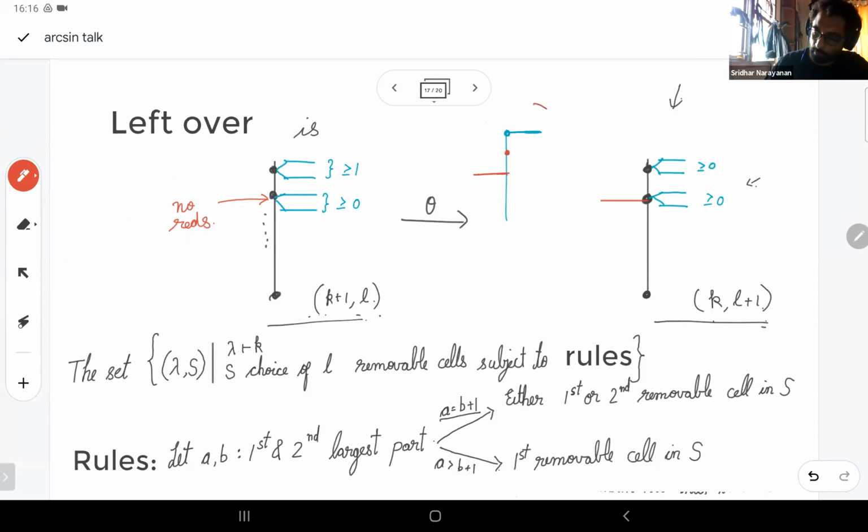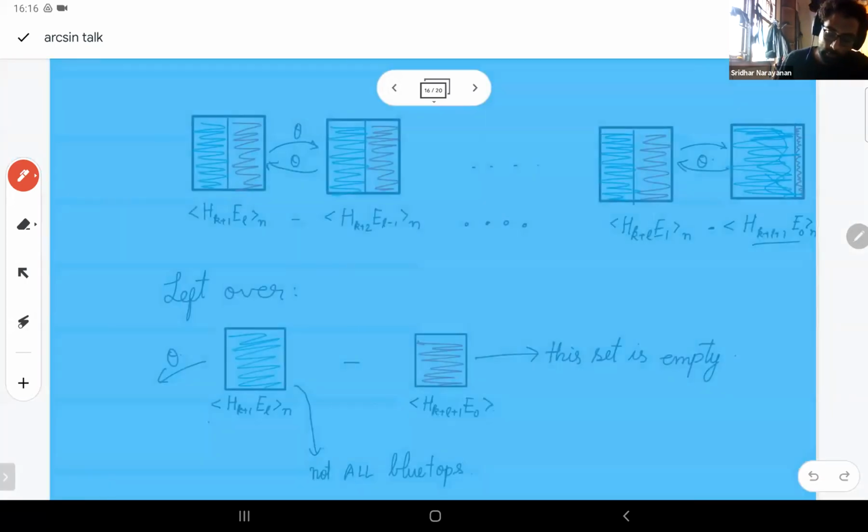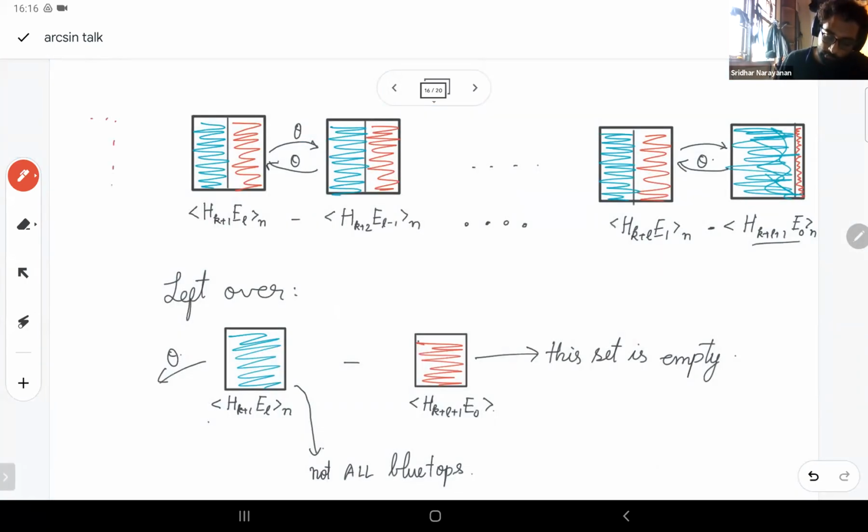If you have a blue line and a red line just under it, it must be blue and then red one below it, exactly one below it. So that must mean that the largest part is equal to 1 plus the second largest part. The reason such a thing cannot exist is because if it did exist, it would push up. Note that we are actually counting the phantom red part.